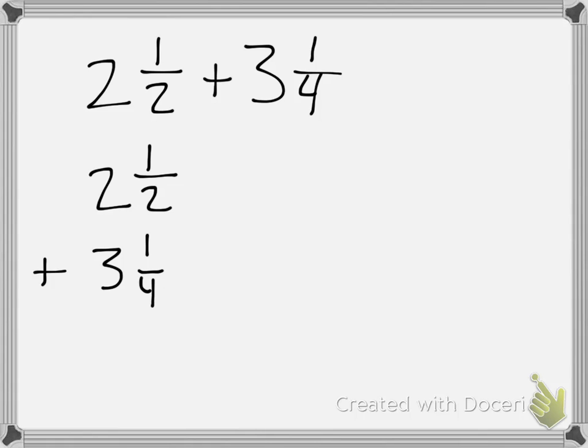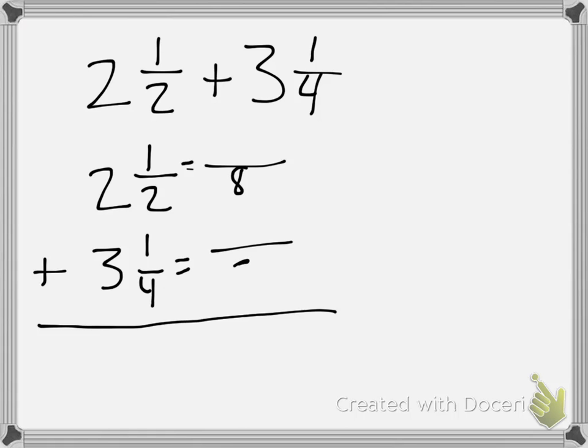Make sure you're putting the plus or minus sign so you don't get confused. You've got to find a common denominator here. We're just going to do it simply by multiplying the denominators together. Make it 8. We ask ourselves, 2 times 4 gives me 8, so 1 times 4 gives me 4. 4 times 2 gives me 8, so 1 times 2 gives me 2.